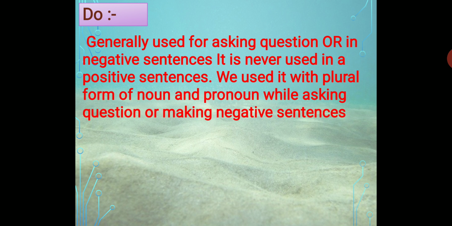We use it with the plural form of noun and pronoun while asking questions or making negative sentences. Auxiliary verbs are always used to ask a question or to make the sentence in negative form.